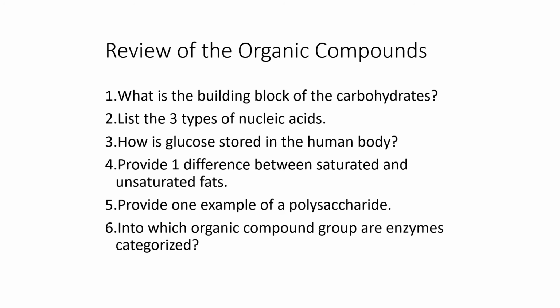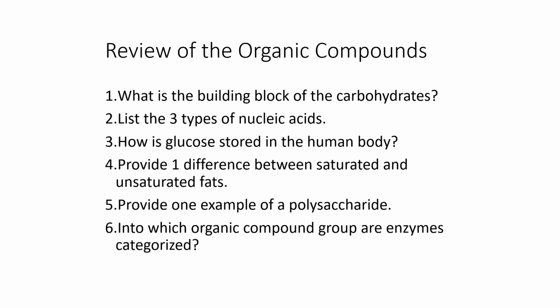There's many differences between saturated and unsaturated fats, but one major difference is the bonding. Saturated fats have only single bonds, while unsaturated fats have one or more double bonds. Another example may be the fact that saturated fats are solid at room temperature, while unsaturated fats are liquid at room temperature.